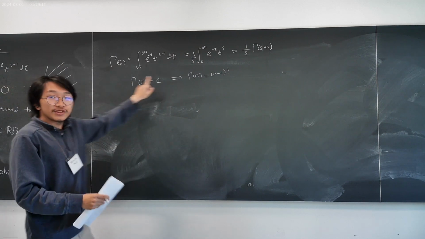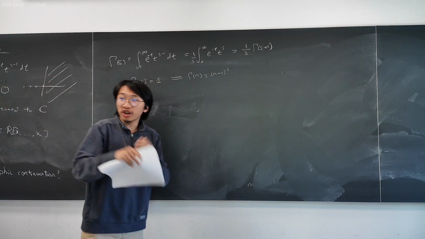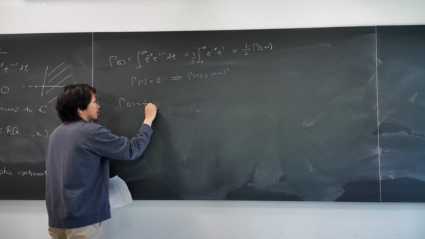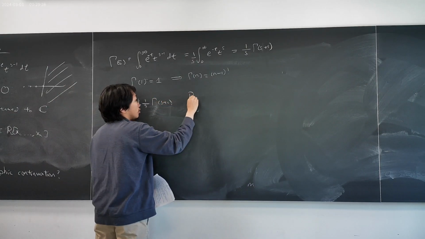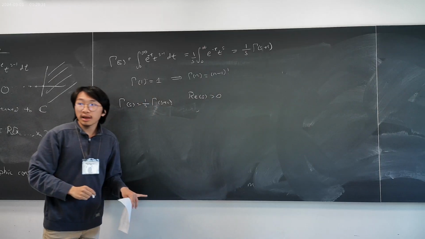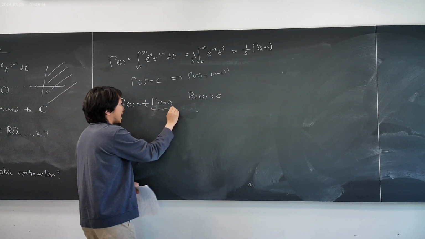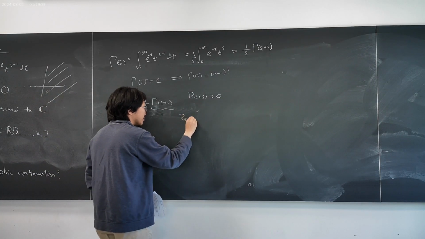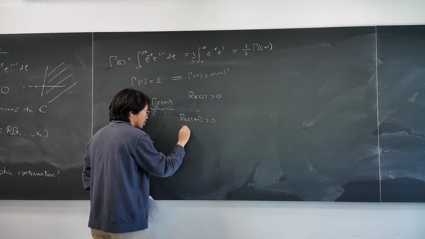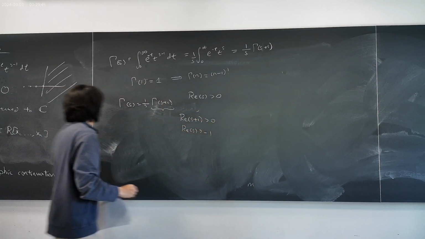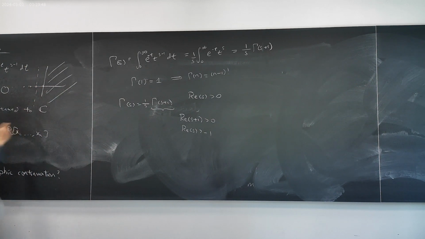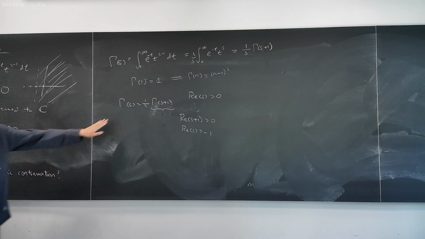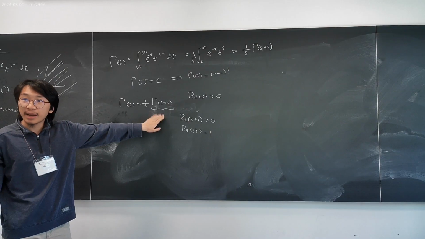But you can take this equation as a way to define the gamma function on a bigger domain. We know that this equation holds for gamma of s plus 1 for all s with positive real parts. But if we take values of s so that this is defined, so if we take values where the real part of s plus 1 is positive, that is to say, the real part of s is at least minus 1, which is to say that we can take values of s in this extended region, then we can actually define gamma of s to be 1 over s times gamma of s plus 1.